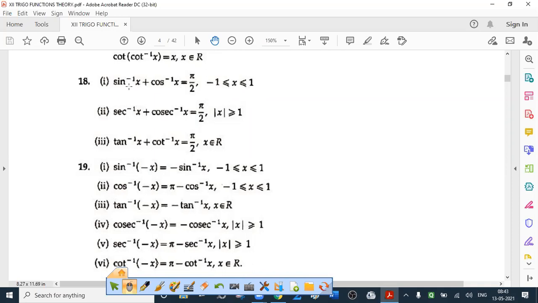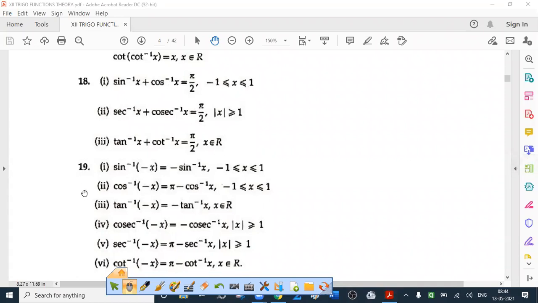Take x equal to half. What is sine inverse half? Sine inverse half is the angle whose sine ratio is half, that is 30 degrees, plus cos inverse half. What is cos inverse half? It is the angle whose cosine ratio is half, that is 60 degrees, right? 30 plus 60, 90, that is pi by 2.